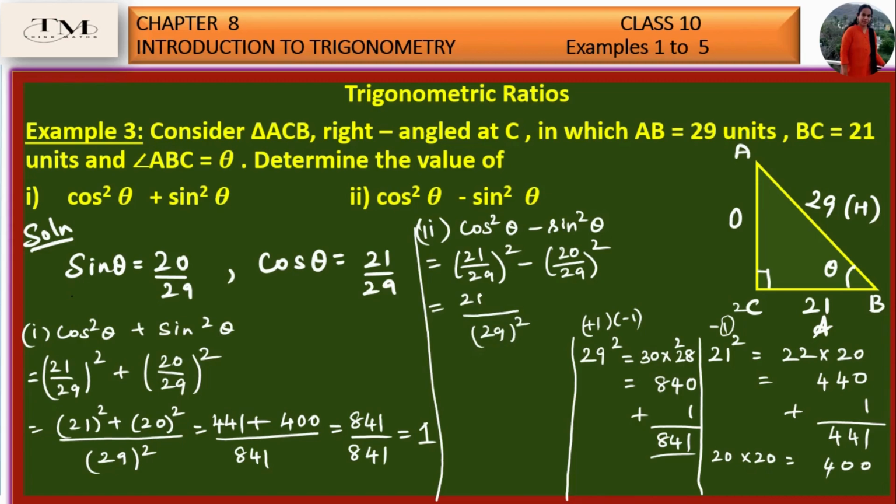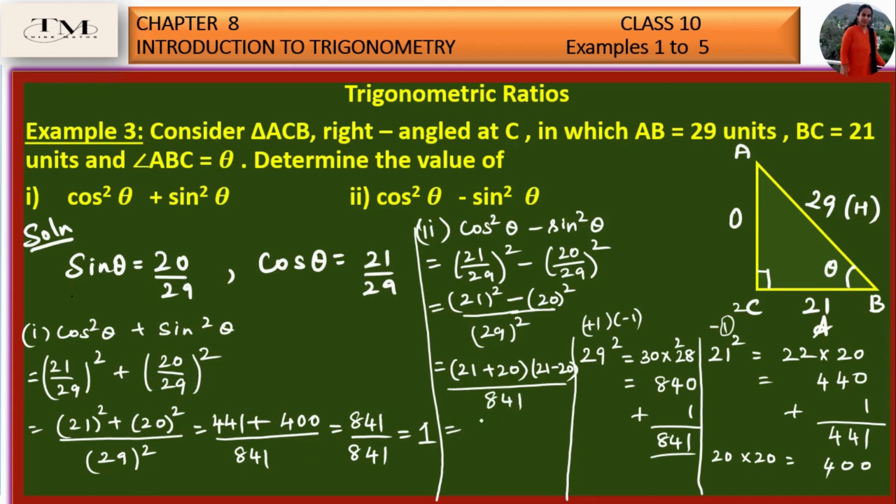So in the numerator we will have 21 square minus 20 square. So this is of the form a square minus b square. So 21 plus 20. A square minus b square is a plus b into a minus b, divided by 29 square. What is 29 square? We already found out it is 841.